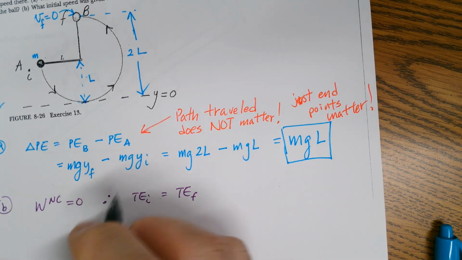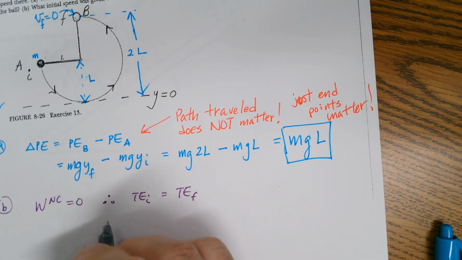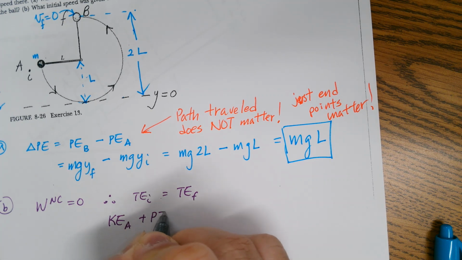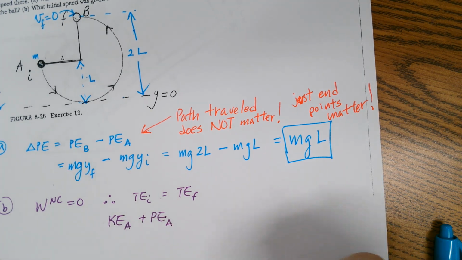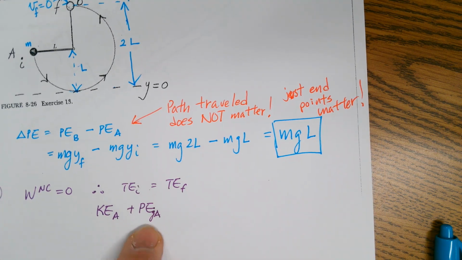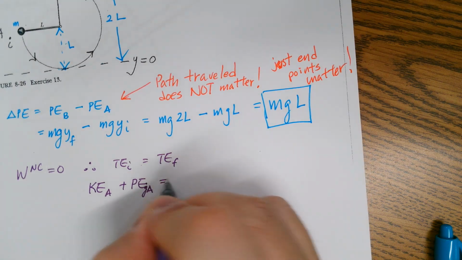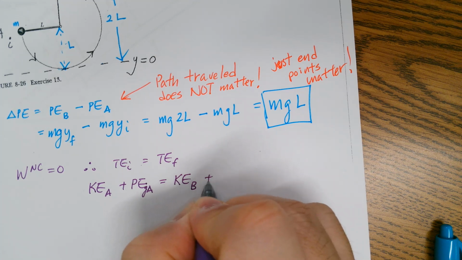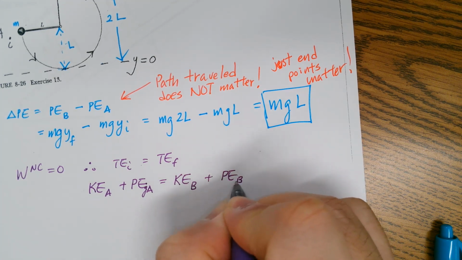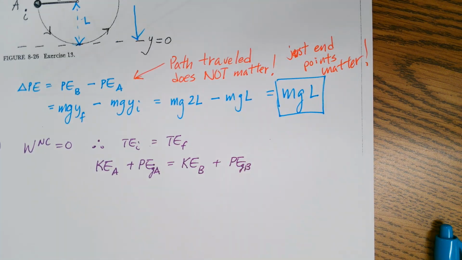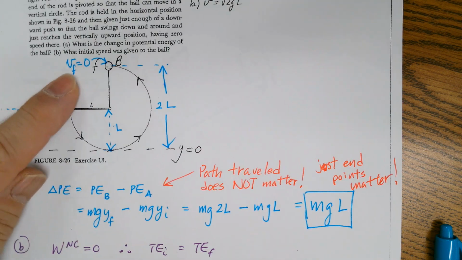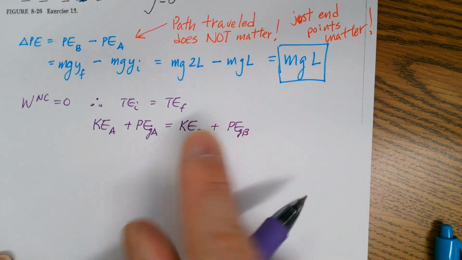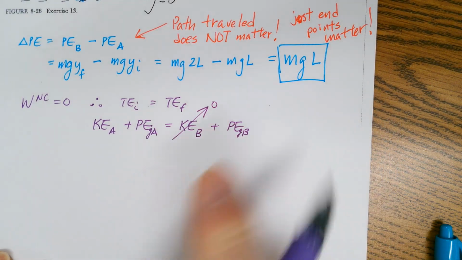So initially, I have kinetic energy at A plus the potential energy at A. That's gravitational, by the way, because there's no spring here. And that is equal to kinetic energy at B plus the potential energy at B, gravitational. Well, we already established that speed is zero at point B, so the kinetic energy at B is equal to zero.